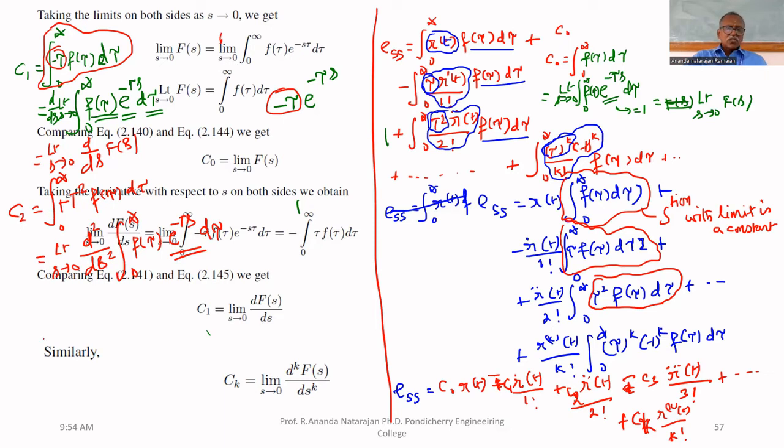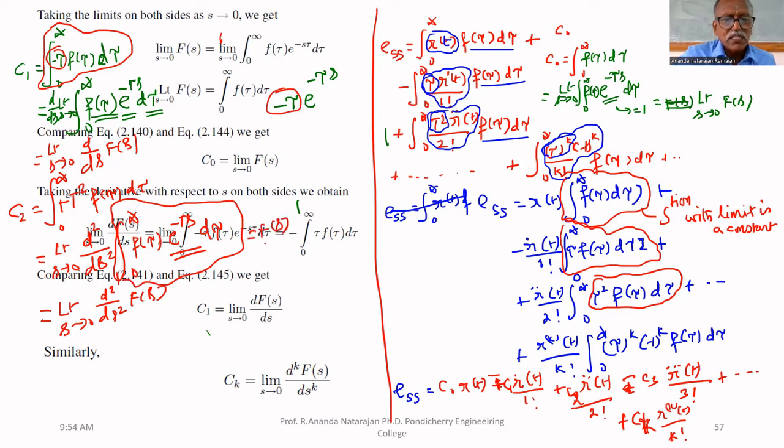That's why if you differentiate twice, you will get tau square. Therefore, C2 can be written as limit s tends to 0 d square upon ds square of F of s. F of s we already know.